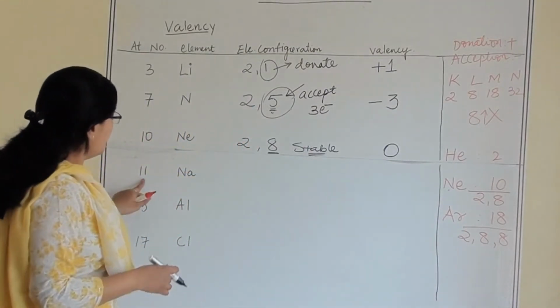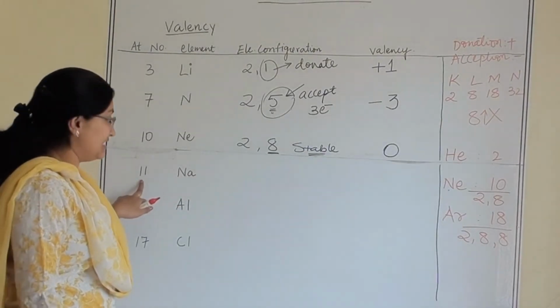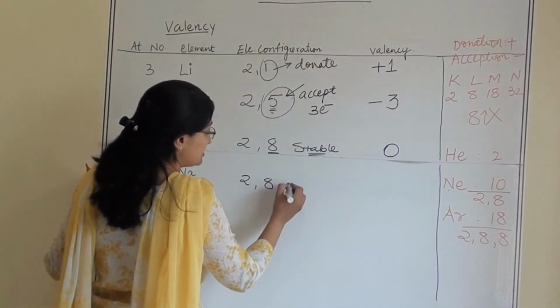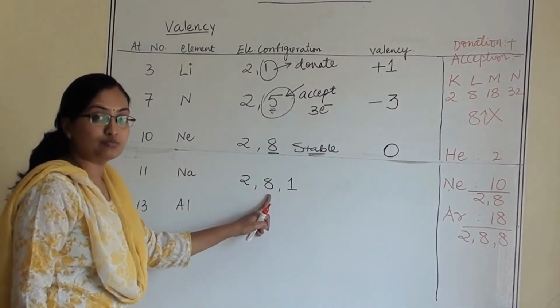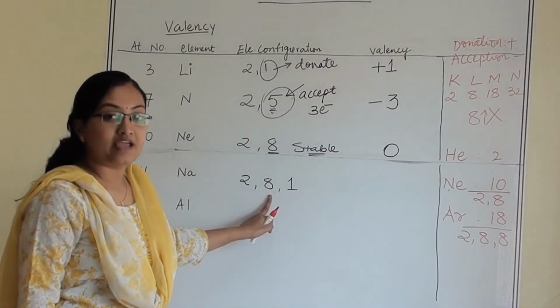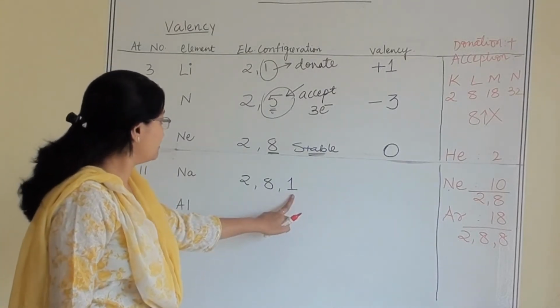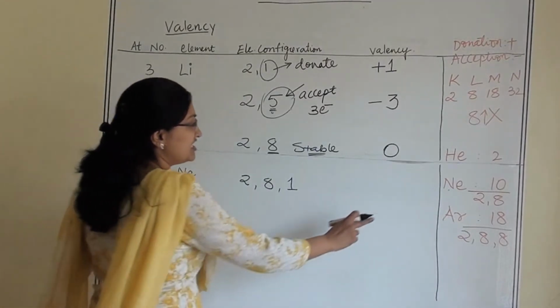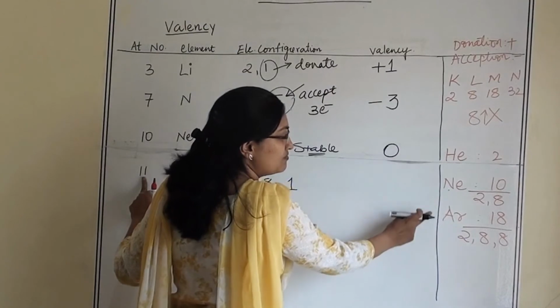So here again one more example. Sodium. Atomic number is 11. What will be the electronic configuration? 2, 8, 1. Why did we not keep 9 here? Because more than 8 we cannot accommodate electrons in any of the orbits. So here 1. Now if you see, the atomic number is 11. It is near to which noble gas? Neon or helium or argon?